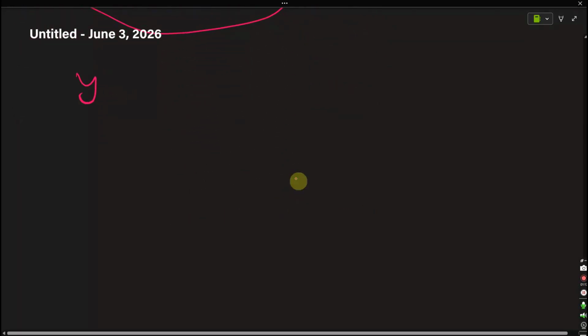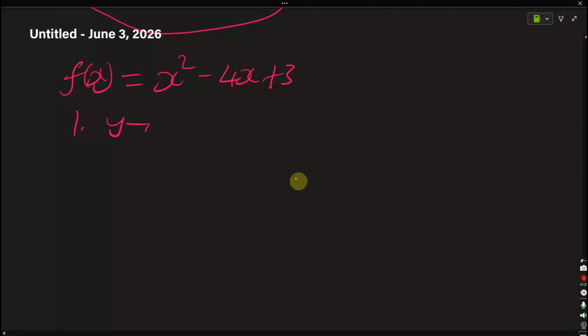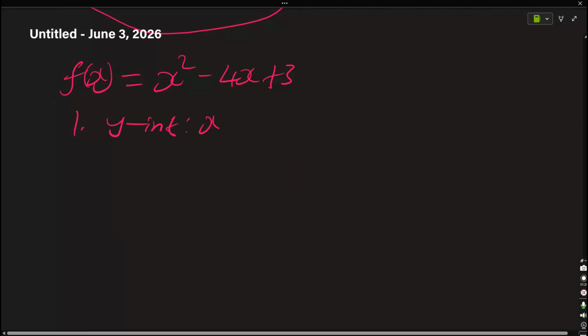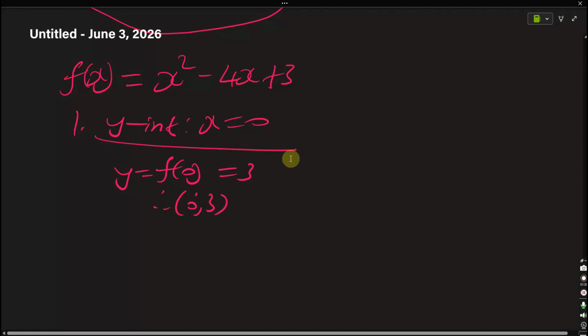Suppose I've got a parabola here. I will limit this f of x, which is x squared minus 4x plus 3, right? So let's sketch our parabolic function. So the y-intercept, when x is 0, we just get 3, so (0; 3) is our y-intercept.